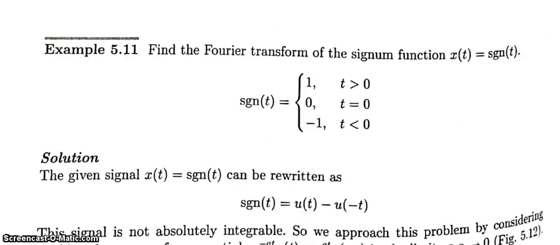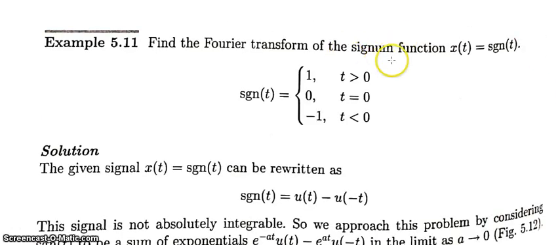Next question, find the Fourier transform of the signum function, that is x of t equals signum of t, and the signum function is defined like this. It has a value 1 for t greater than 0 and a value minus 1 for t less than 0, and it is 0 at t equal to 0.